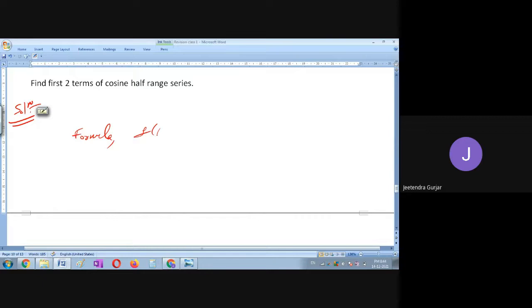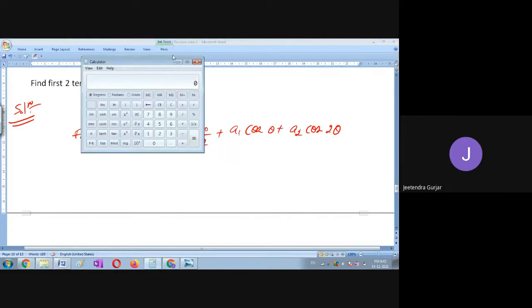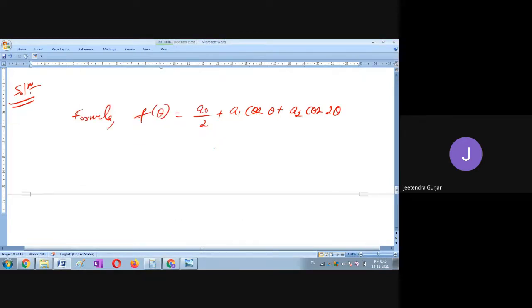Therefore, I will take f of theta is equal to a naught upon 2 plus a1 cos theta plus a2 cos 2 theta. So your calculator must be ready. Yes, friends, you have to calculate in the calculator. So a naught you should remember formula: 2 upon n summation t.